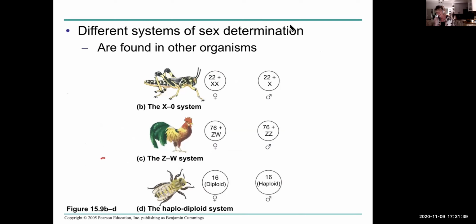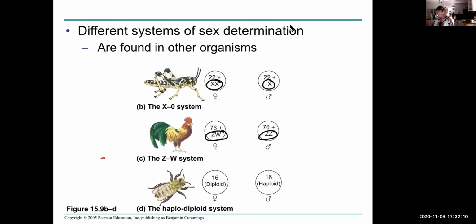But not all organisms are determined that way. Their sex is not determined that way. In fact, these are locusts, and they have an XO system, it's called. So females are XX, and the males are just simply X. There's no corresponding chromosome. In the ZW system, this is with chickens, ZW is female, ZZ is male.